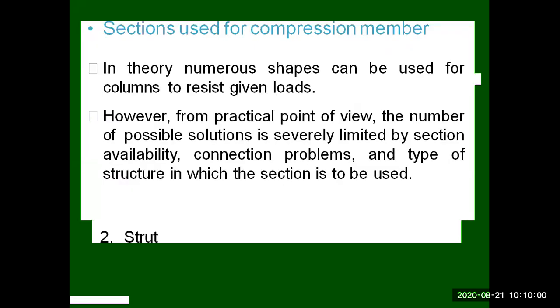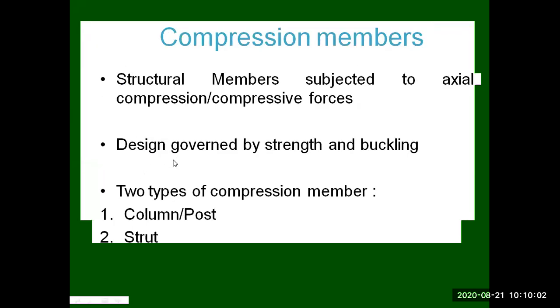Now, the next point is design governed by strength and buckling. Generally the compression member will fail due to buckling only, because we are applying the compressive force from both ends. So there may be a chance of buckling, and due to buckling only the compression member will fail. So we have to find out the strength due to buckling here.